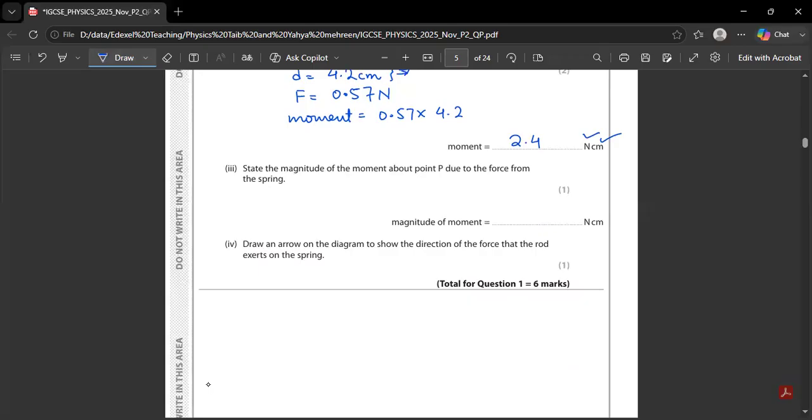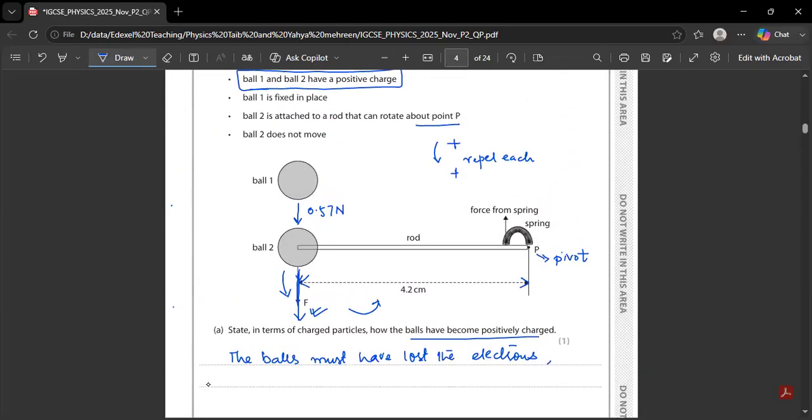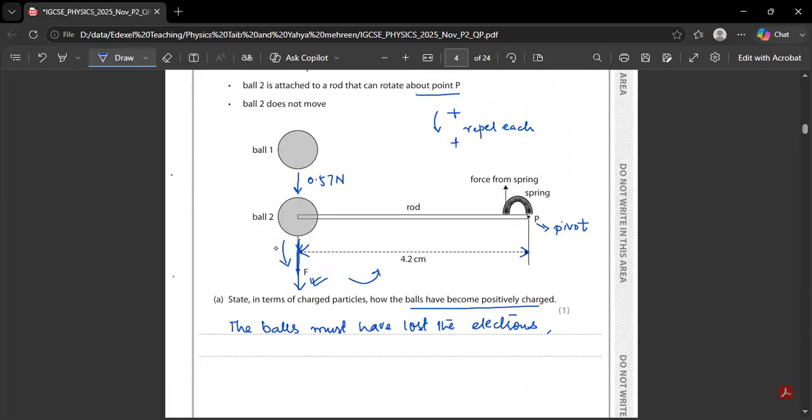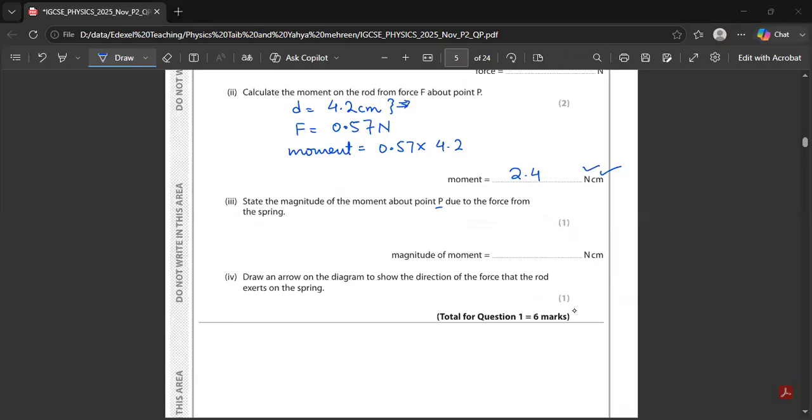All right, now state the magnitude of moment about point P due to the force from the spring. If you refer to the spring, the force from the spring is in this direction, right? And it's going to be this much, right? So what they're asking is, state the magnitude of the moment about P due to the force from the spring.